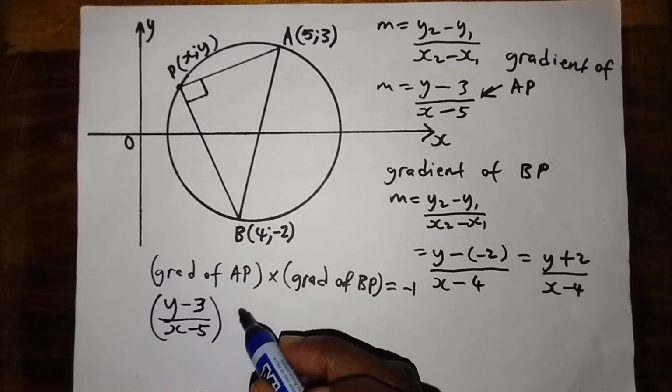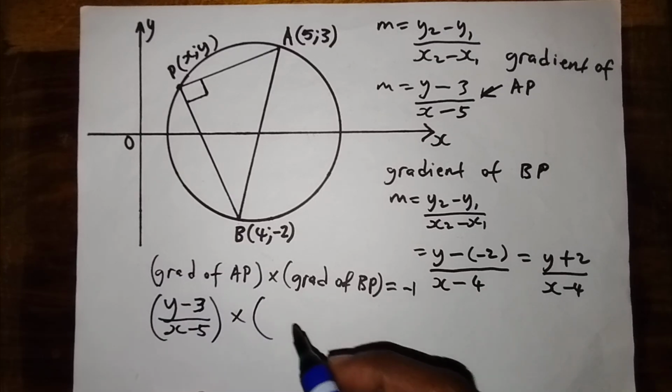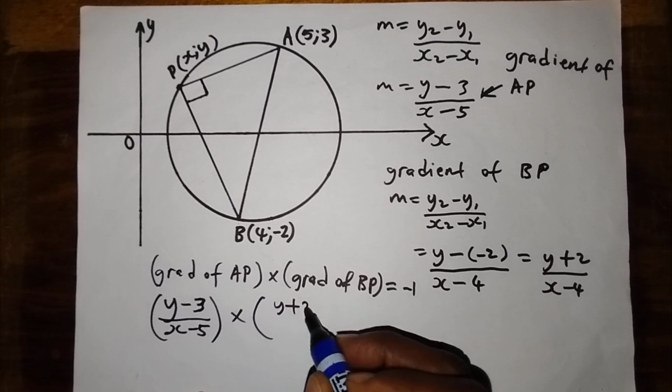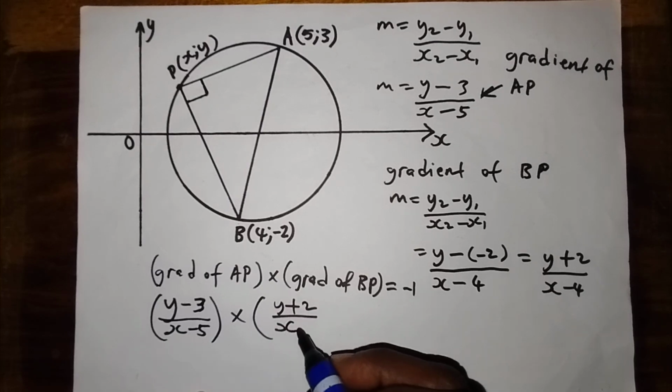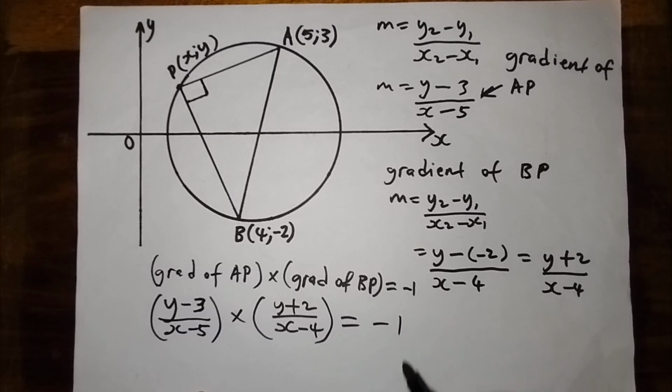Multiply by the gradient of BP, which is y plus 2 over x minus 4, and this is equal to minus 1.